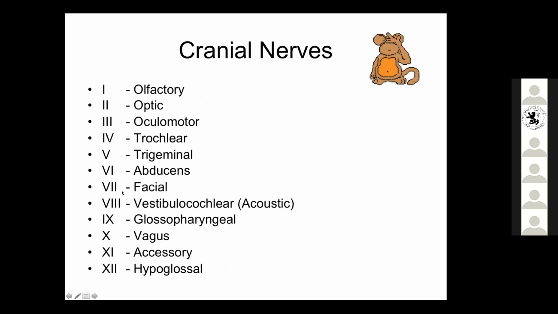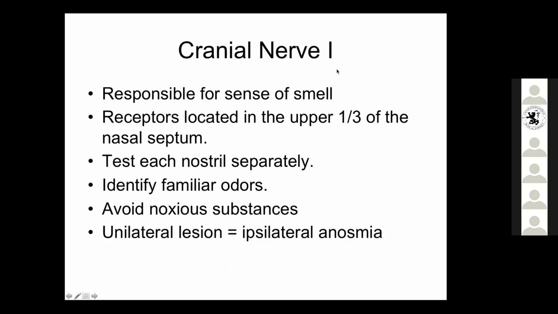So cranial nerves 1 through 12, we also test for function of cranial nerves. Cranial nerve 1 is responsible for smell. It is important to remember that when we test the function of cranial nerve 1, we always test each nostril separately.